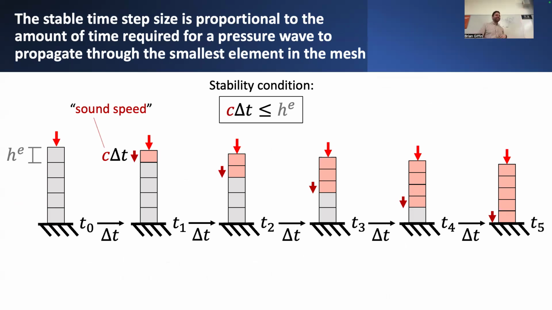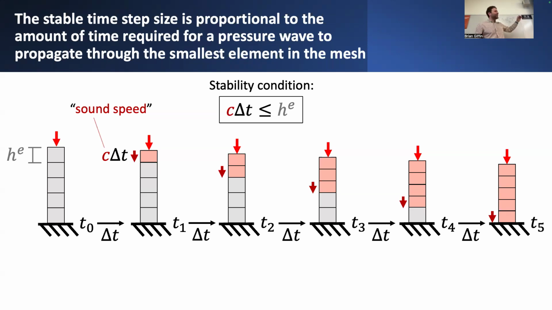Maybe I want to run a mesh refinement study or achieve better accuracy by refining my mesh to make my elements super small. If I do that, at the same time I'm also diminishing the size of the stable time step that I can take. So as I increase my mesh refinement, I'm also having to decrease my stable time step size commensurately in order to keep up with that additional mesh refinement.